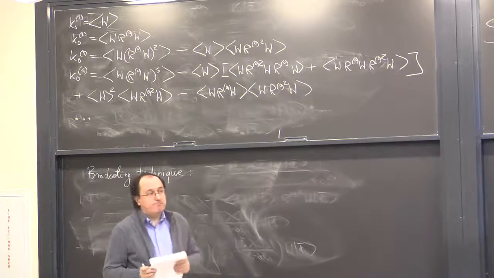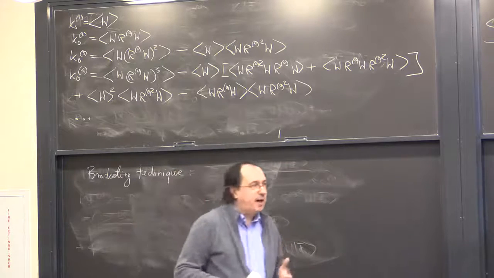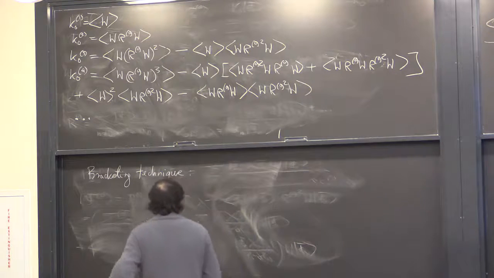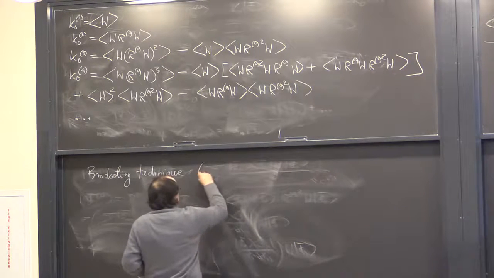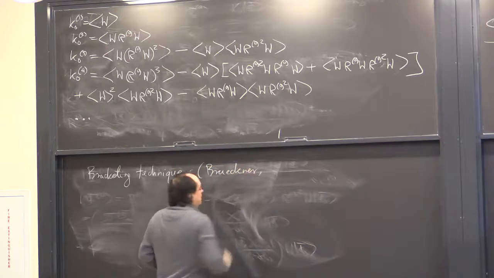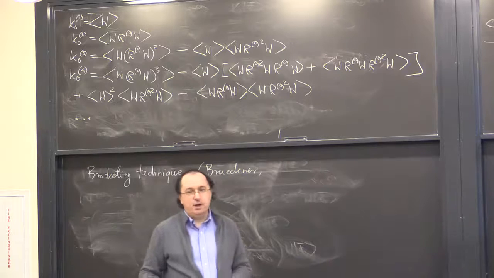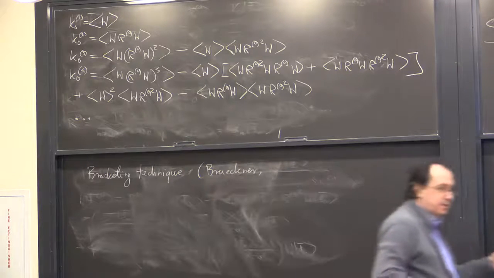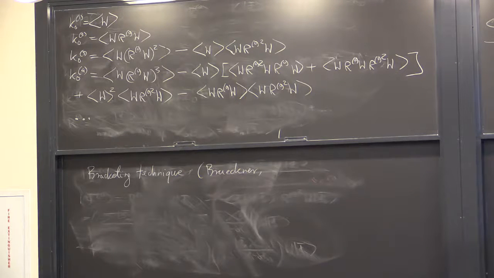This technique, the idea of bracketing, was first noticed by Brueckner. When Brueckner was working on MBPT in the late 50s, he already noticed that if you look at the low orders, you can essentially obtain them by starting with the principal term and inserting brackets representing mean value in phi0 into this principal term.